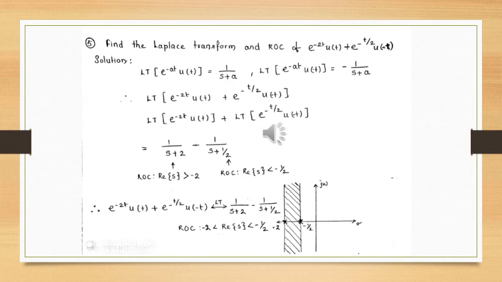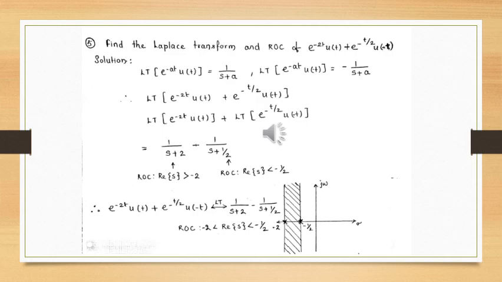Now let us find the ROC for the complete signal. So first mark the poles. So we have here for the first signal pole is minus 2, and for the second signal the pole is minus 1 by 2. Draw a line passing through the poles. Now for the first signal, the ROC is real of s greater than minus 2. So it is a right-sided signal. And for the second signal, the ROC is real of s less than minus 1 by 2.